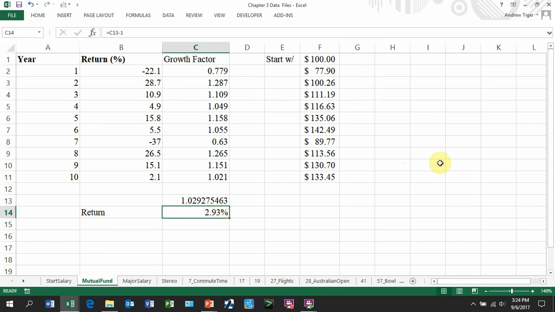About 2.93%. So this gives you the average growth factor of 1.029, which is a return of 2.93% on an annual average.